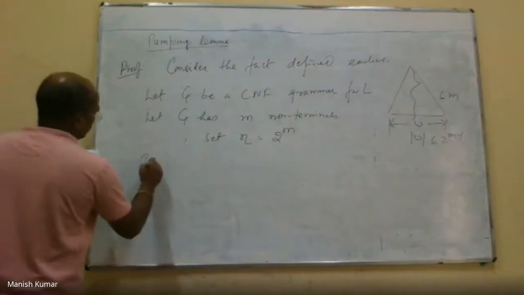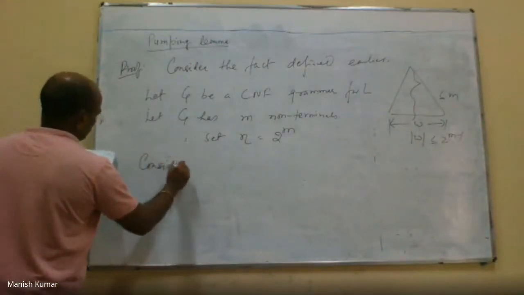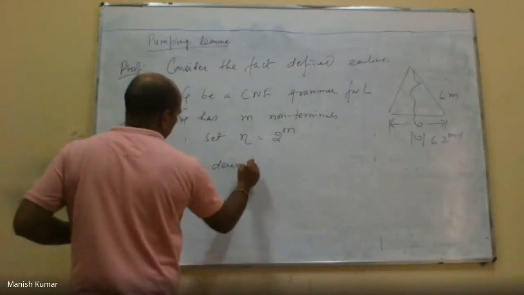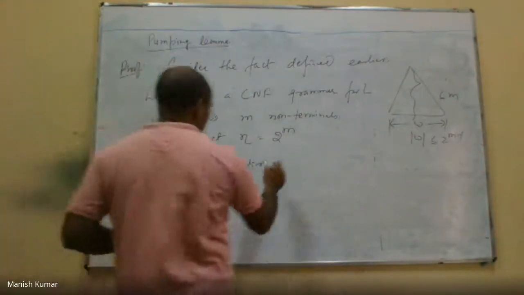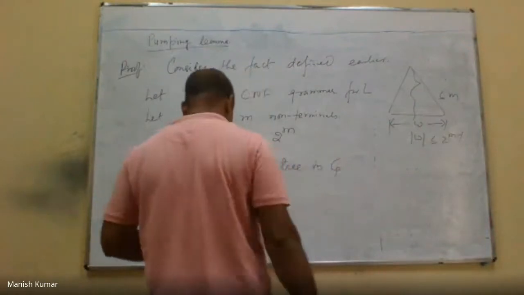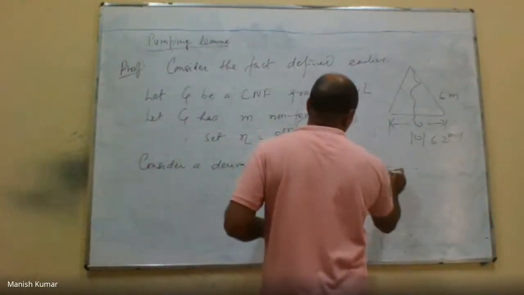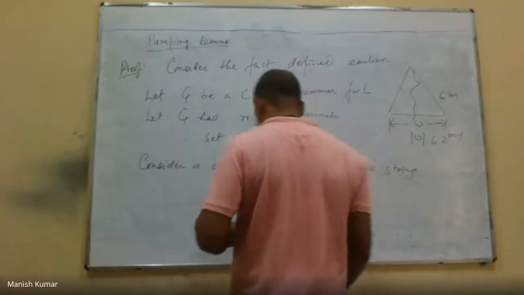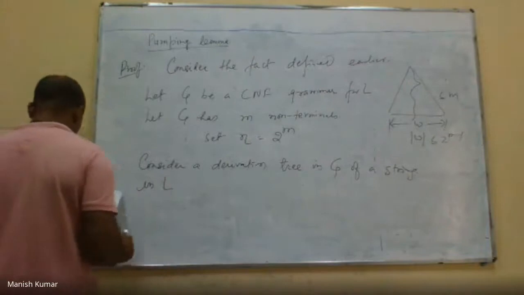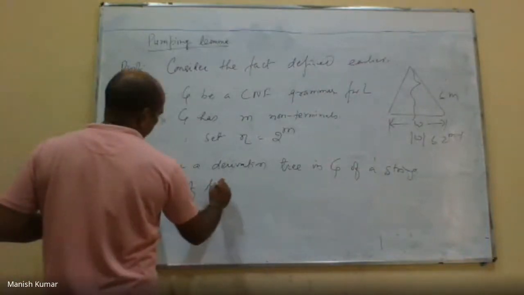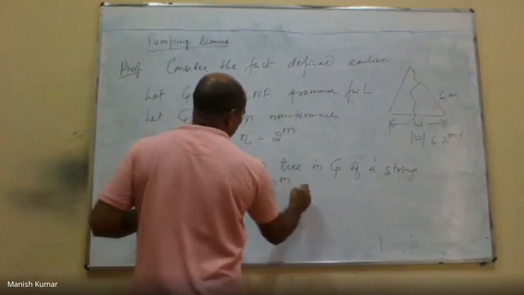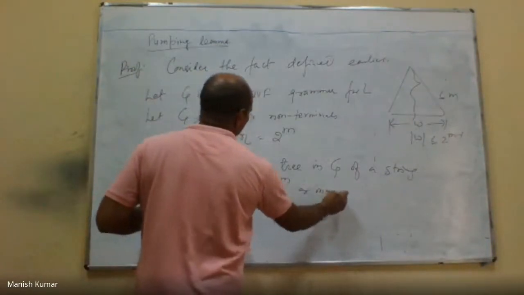So consider a derivation tree in G of a string in L of length 2 to the power m or more.